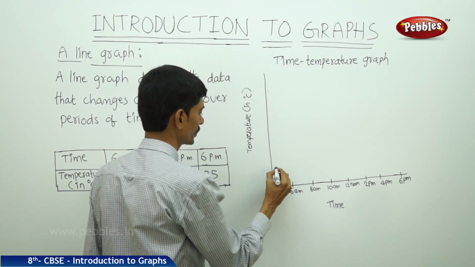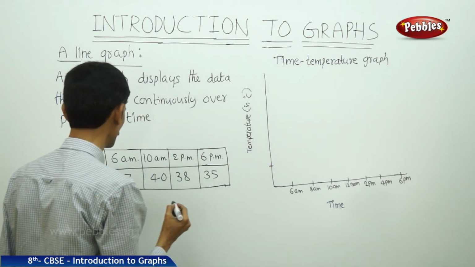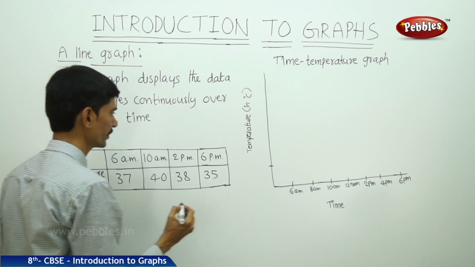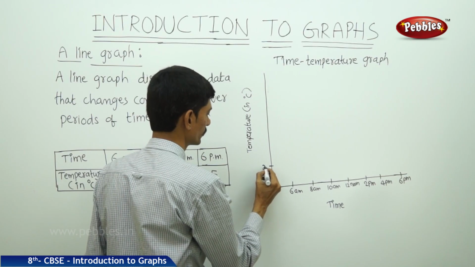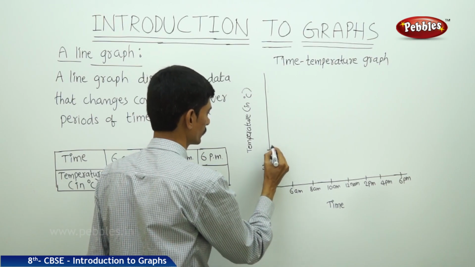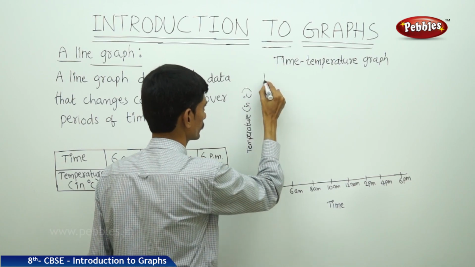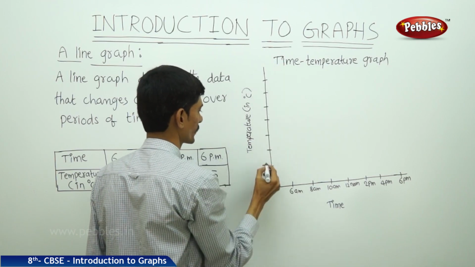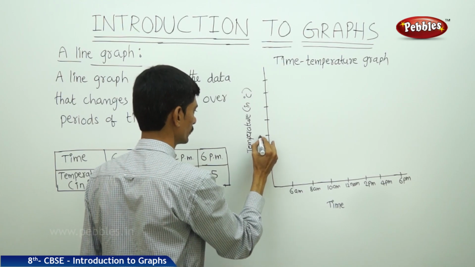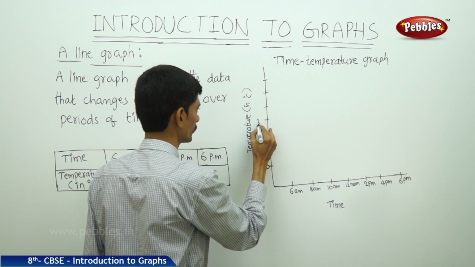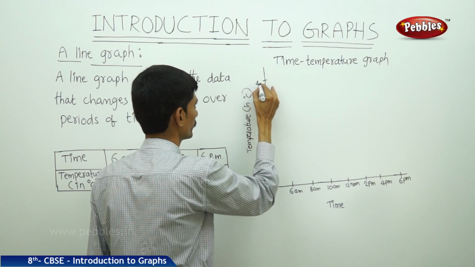On the vertical line, means on the y-axis, we will take the temperature in degrees, starting from 35, or we will take from 30, then 32, 34, 36, 38, 40, then 42.